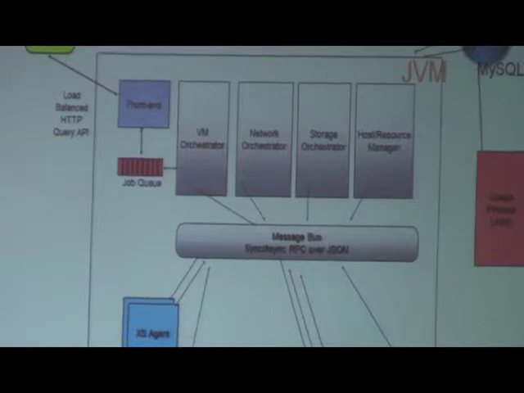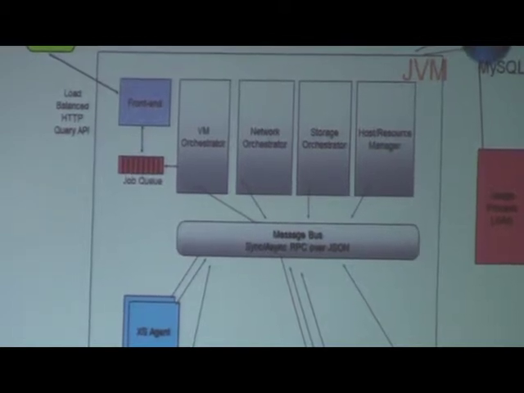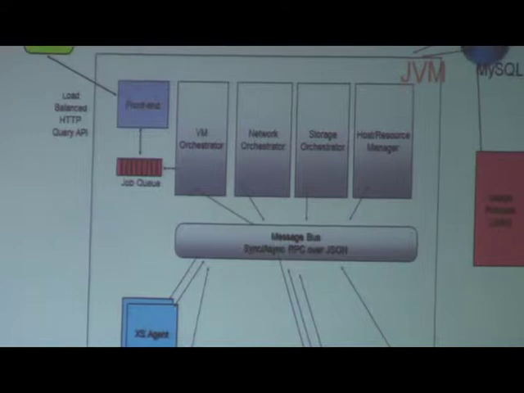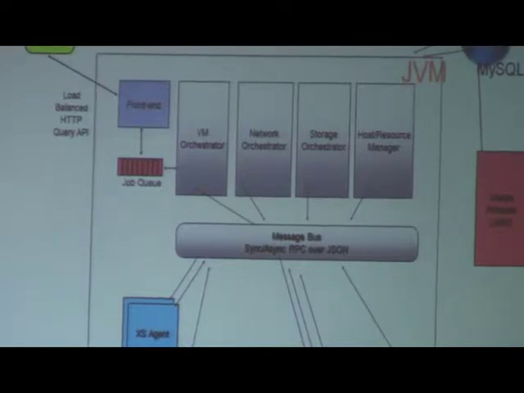And we have other agents that lie in the data path for CloudStack to manage template movement and console proxy access, and they all connect back to the management server. The communication between them is async and RPC over JSON.